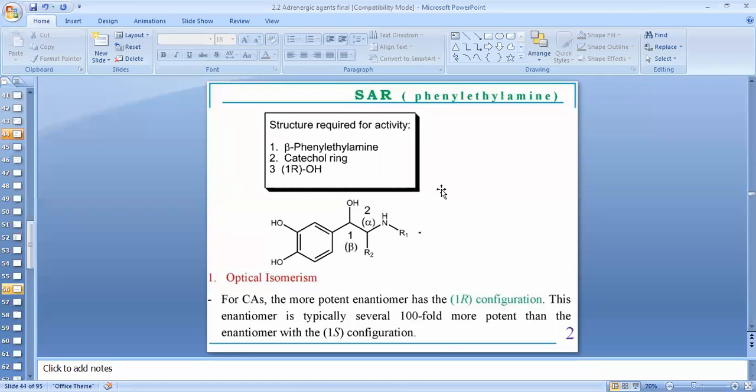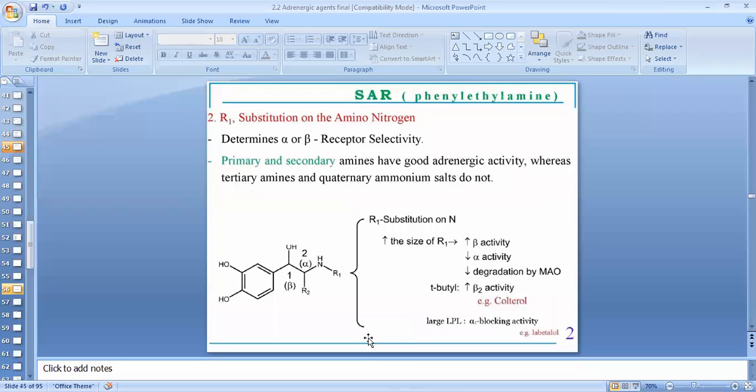If this ring is present in this way, that is, the presence of the hydroxyl group above the plane of the paper, this is 1R configuration. And if the same hydroxyl group is below the plane of the paper, then it is 1S configuration. So if the structure is present in this form, it is going to give 100 times more potency than the 1S configuration.